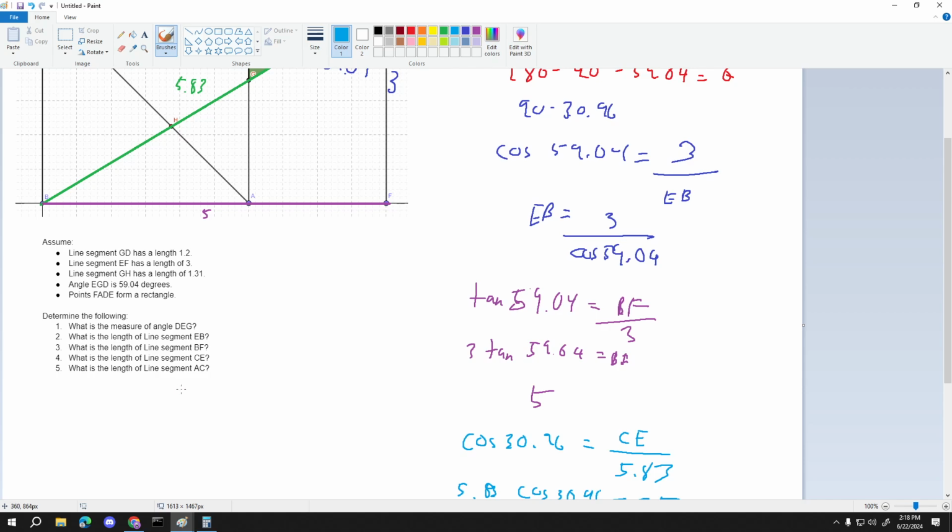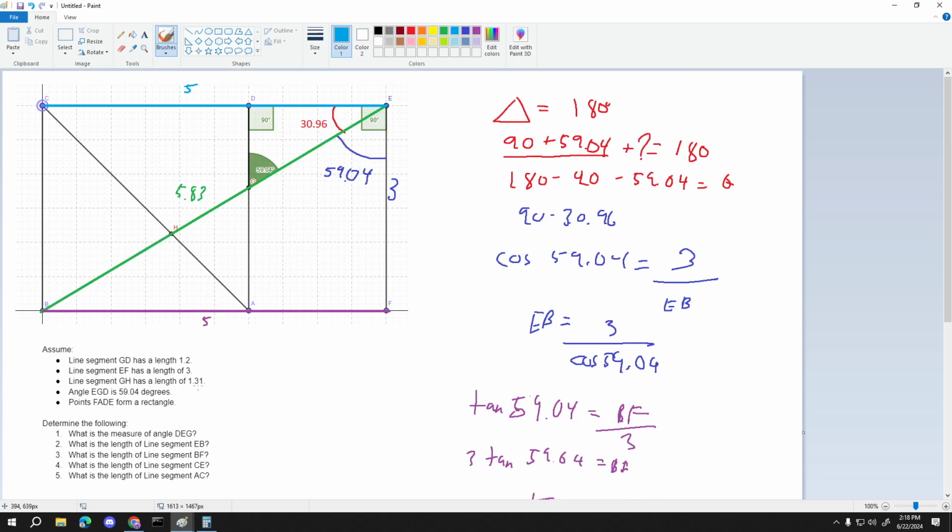Finally, what is the length of line segment AC? Line segment AC, which is right here. For line segment AC, we know that FADE is a rectangle, which means this right here is 3 also.